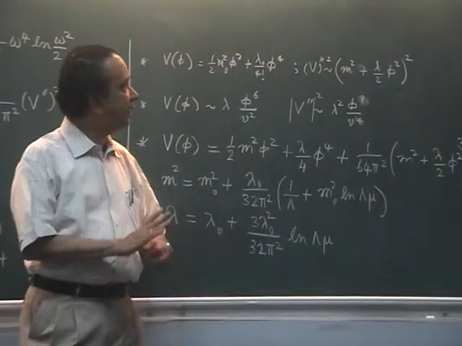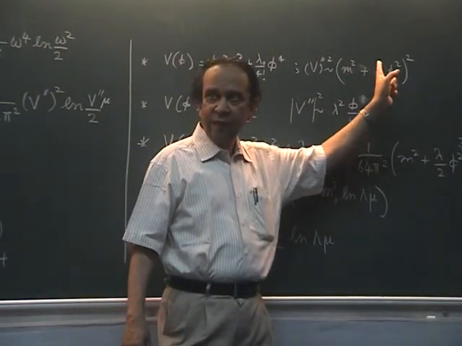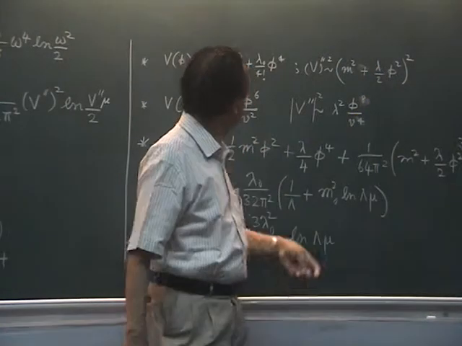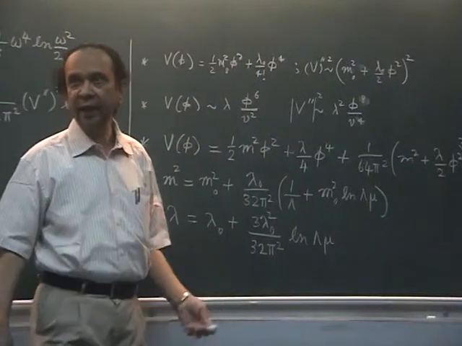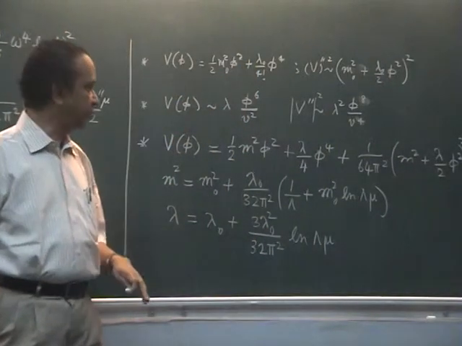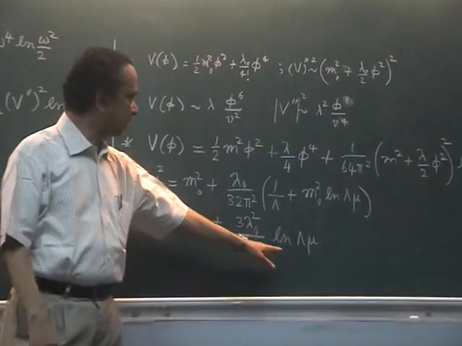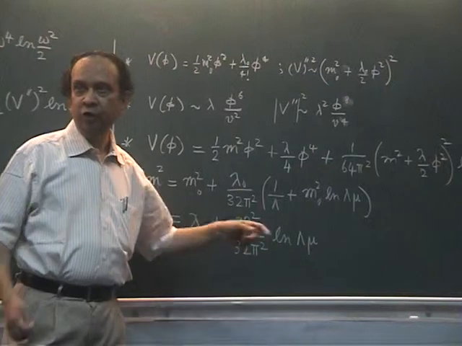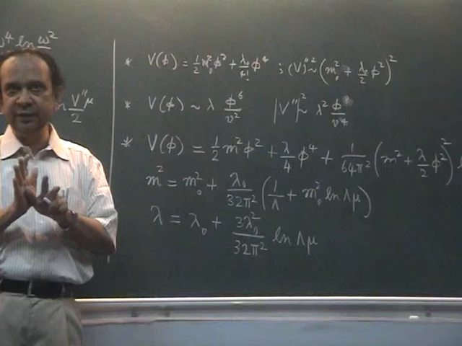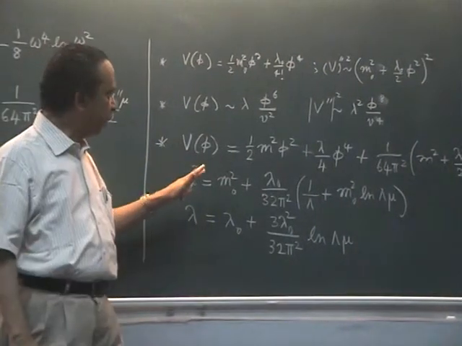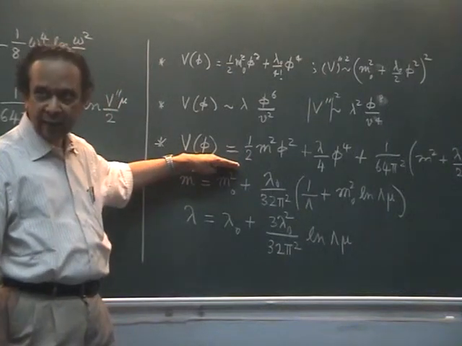Similarly, when you look at the phi to the power 4 term, there will be something which will come from lambda square by 2 here. Okay, these things should be m naught. And lambda naught square by 4 times that phi to the power 4, and that term is going to be multiplied by this log, and that is what comes here. So you have reabsorbed those terms, and this is the most important part of this procedure, so make sure you understand that. What you have done is that you started with this, and then you obtained a corrected potential.